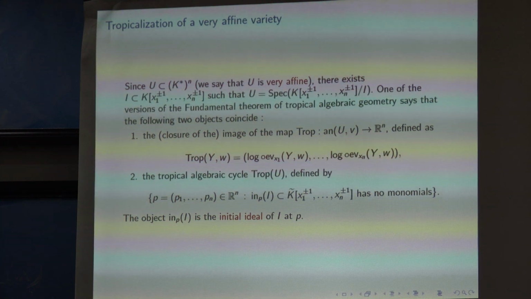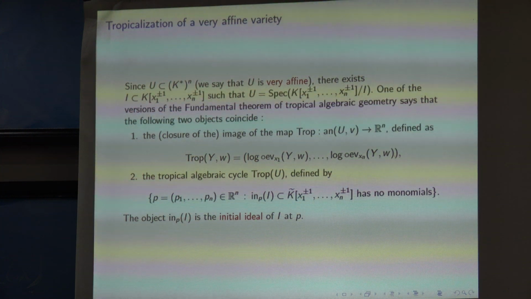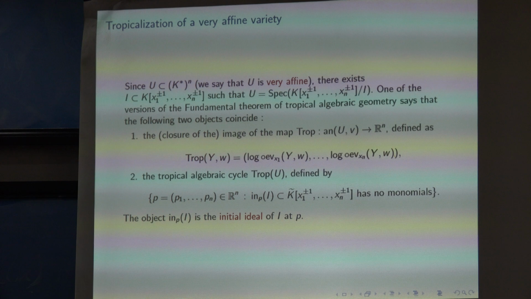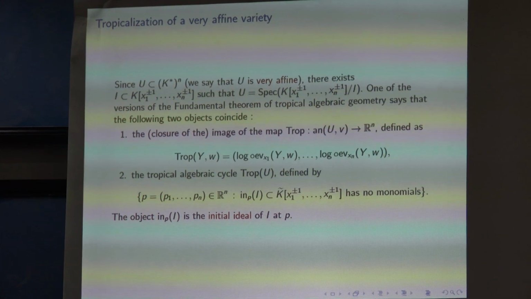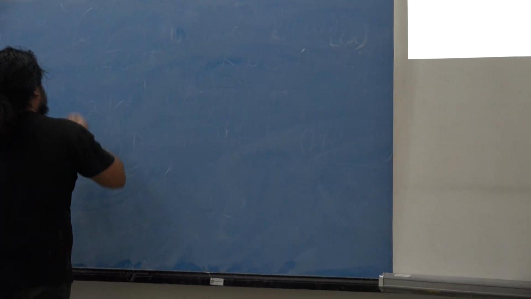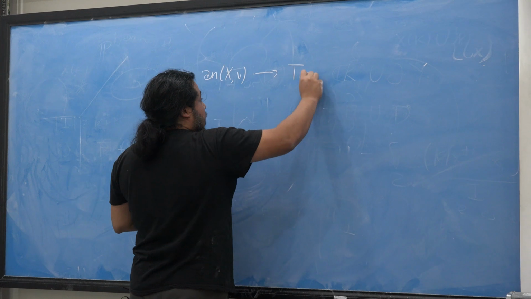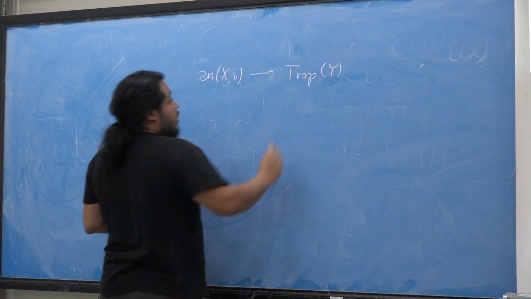And 2 of the objects appearing in this theorem are the tropicalization of U coming from the analytification. So just to be clear, there is a map, in general, coming from the analytification to the tropicalization of the toric variety.